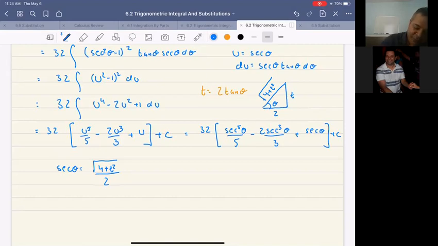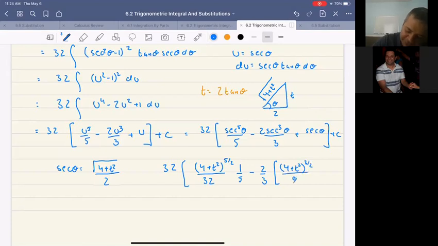So now that means we get 32 times 4 plus t squared to the 5/2 over 32, and we need 1/5 of that. Okay, minus 2/3 times 4 plus t squared to the 3/2 over 8.